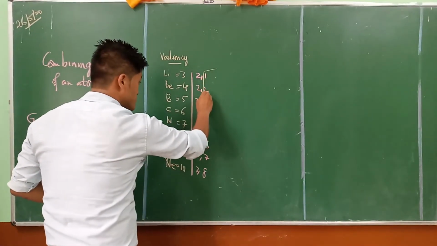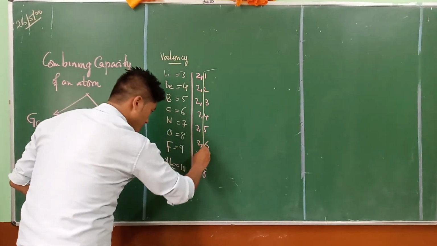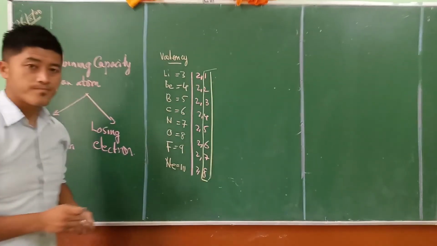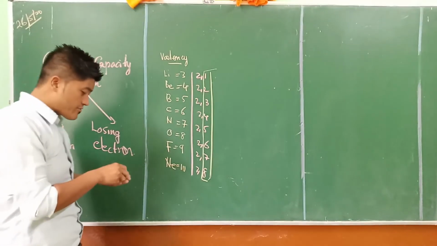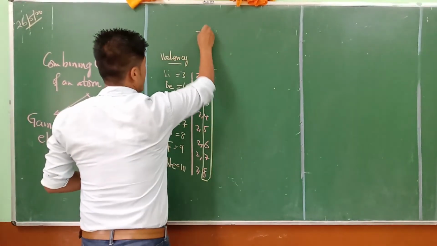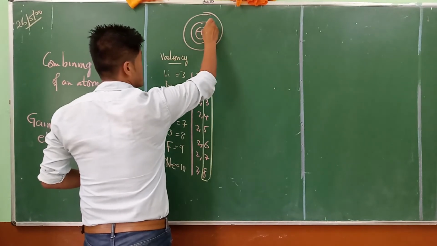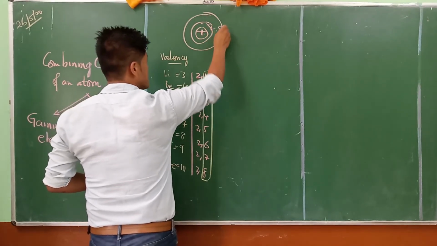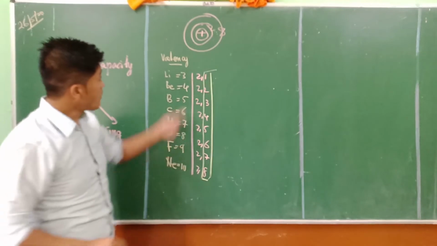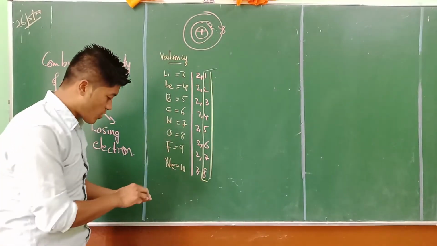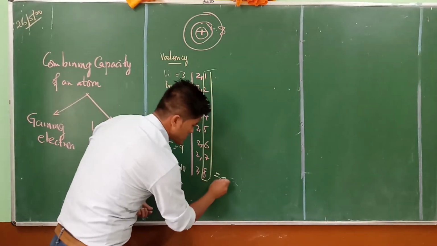Now the yellow shaded portion is the second shell. Understand? We knew already that in the first shell there is a 2, and in the second shell there is space for 8 electrons. If there are 8 electrons here, the shell is completely filled. That's why the valency we always took as 0.